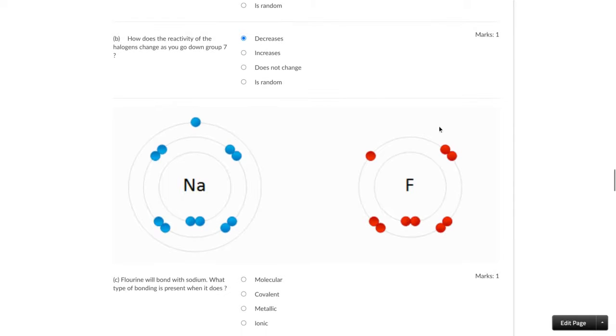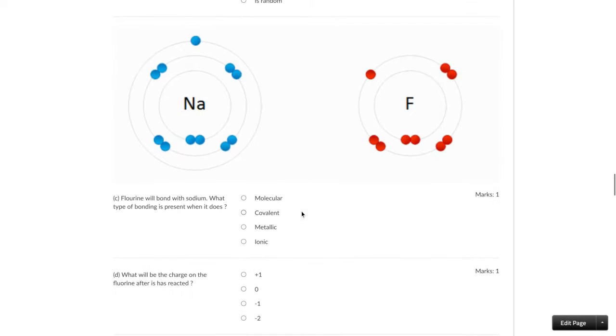So we've got fluorine trying to react with a sodium atom here, and in doing so, you can see by the diagram, sodium's got this one outer electron here. Now it's not going to want this, so it's going to try and give that electron to fluorine. Fluorine has space. Now obviously all the other electrons are paired. This one's not paired up, so it's got a space here for that outer electron from sodium to be given to fluorine.